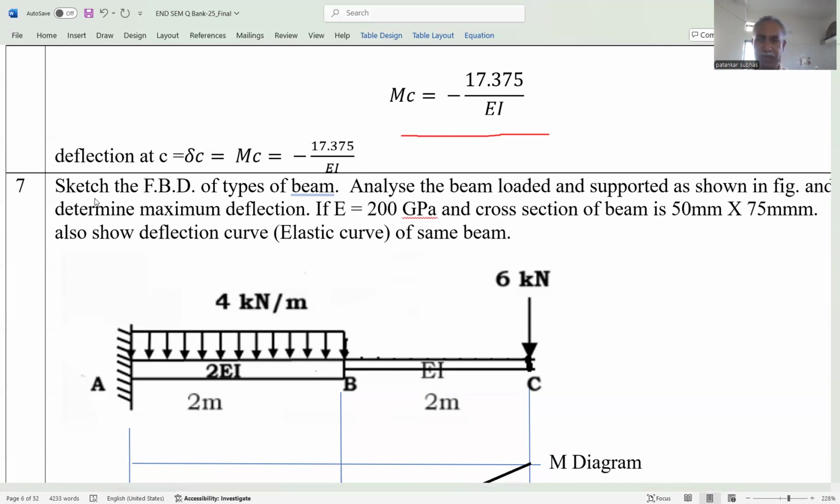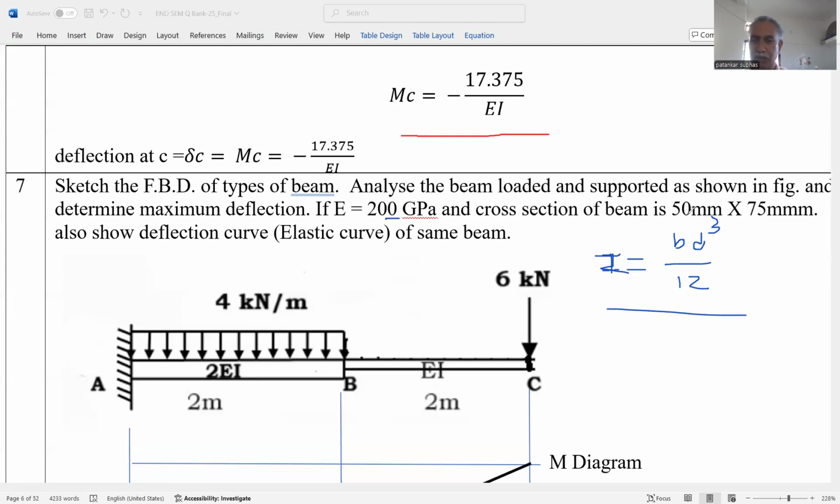Here the cross section is rectangular, it is 50 by 75, and that's why the value of I, moment of inertia, is equal to, we know that for a rectangular section, it is B D cube divided by 12. That's why it is 50 into 75 to the power 3 divided by 12. We can find out the value of I.